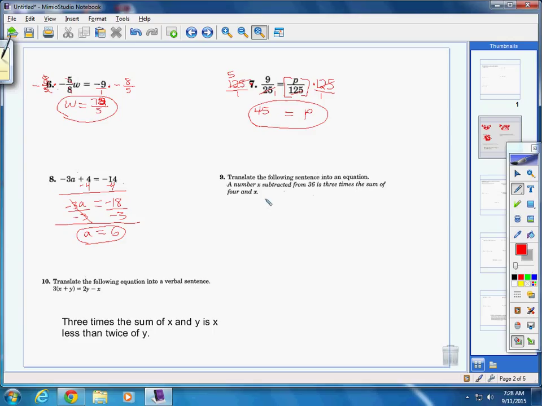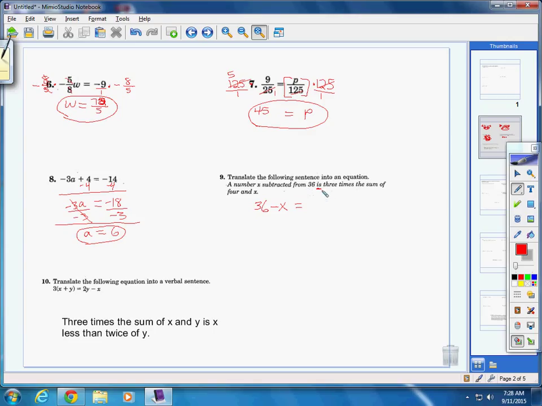All right, on to number 9. Translate the following sentence into an equation. It says the number x subtracted from 36. So 36, and you're subtracting x from it, so it should look something like that. Is, usually that means equals, unless it says is less than.